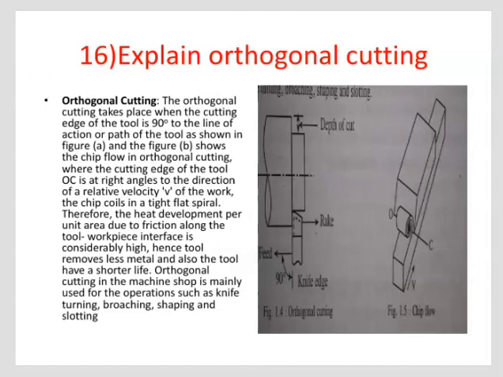The chip coils in a tight flat spiral. Therefore, the heat development per unit area due to friction along the tool-workpiece interface is considerably high. Hence, the tool removes less material and also the tool has a shorter life. Orthogonal cutting in the machine shop is mainly used for operations such as knife turning, broaching, shaping, and slotting.